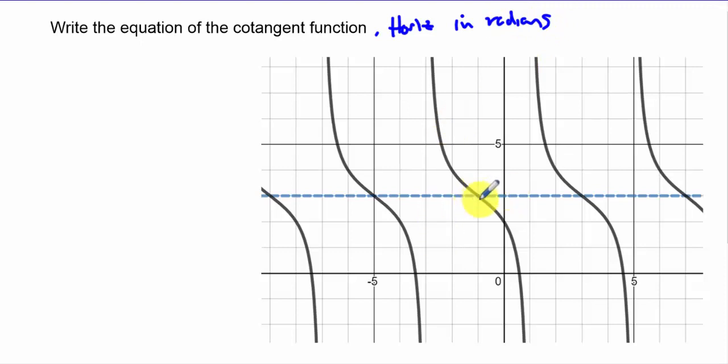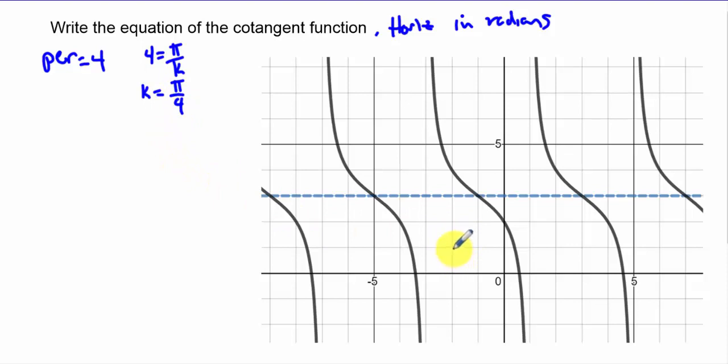So like I said, we had 1, 2, 3, 4 as our period. So if our period's 4, 4 equals pi over k, therefore k is equal to pi over 4.